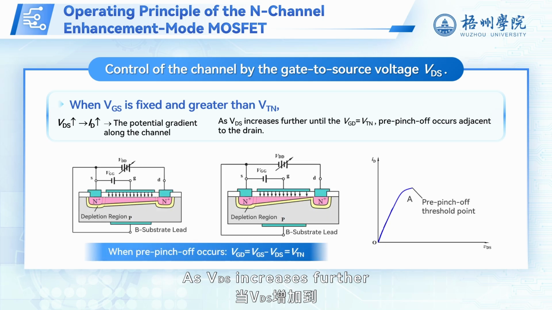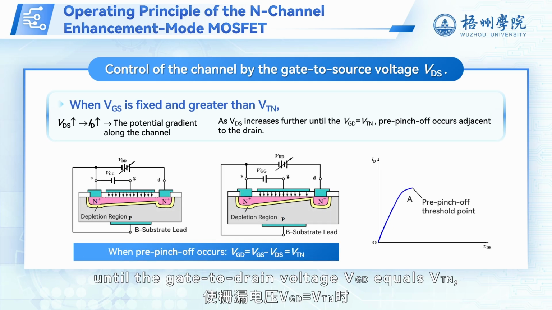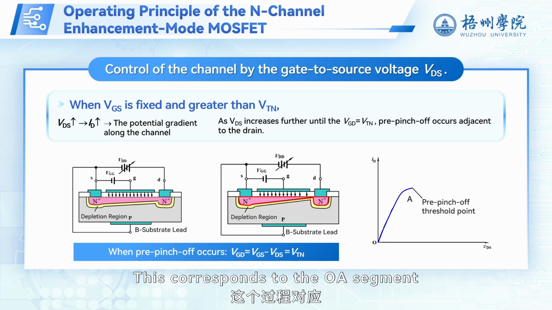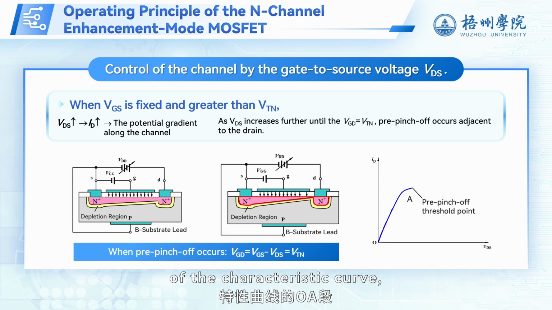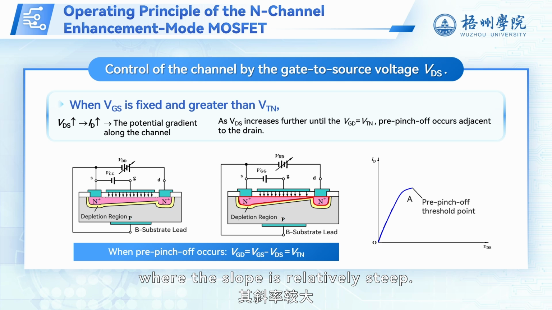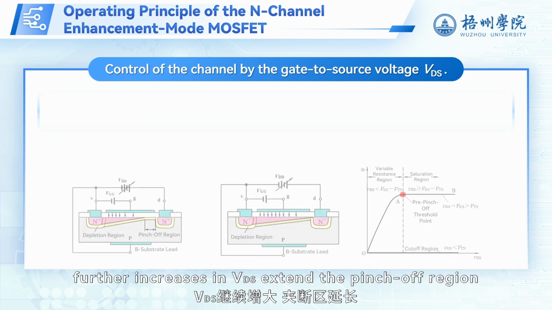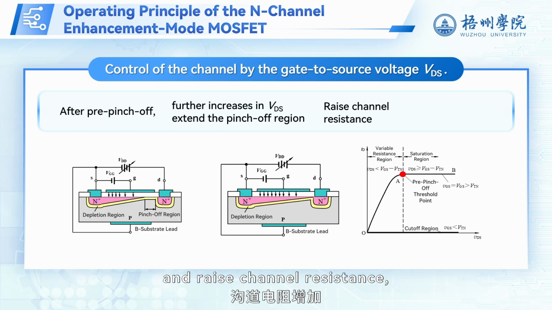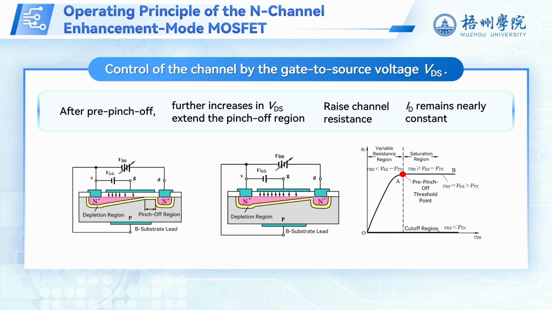As V_DS increases further until the gate-to-drain voltage V_GD equals V_Tn, pre-pinch-off occurs adjacent to the drain. This corresponds to the OA segment of the characteristic curve, where the slope is relatively steep. After pre-pinch-off, further increases in V_DS extend the pinch-off region and raise channel resistance, while I_D remains nearly constant.